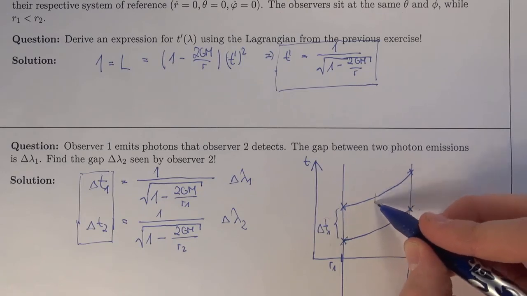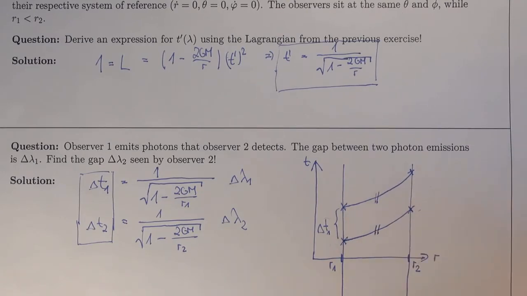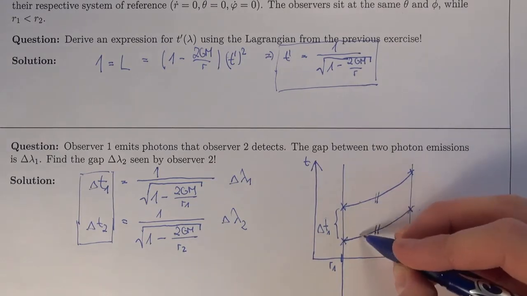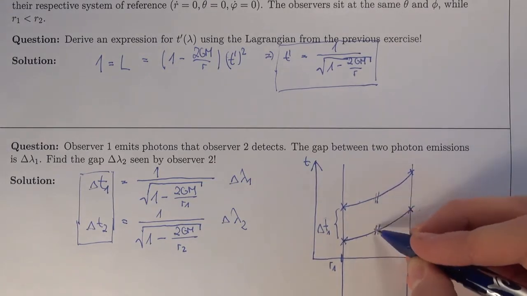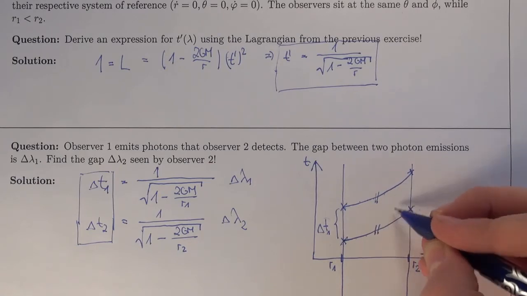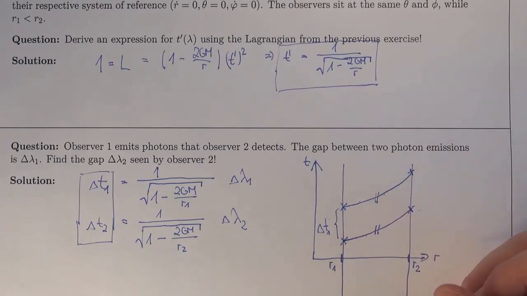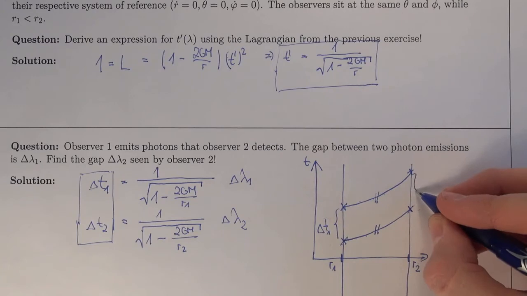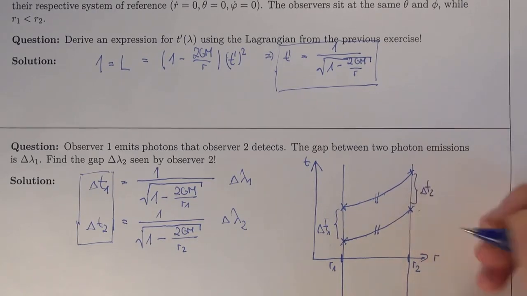So these two lines can be said to be parallel. Their distance, the distance between 2 points of equal r, is always the same as delta t1. But we also know that this here is delta t2.